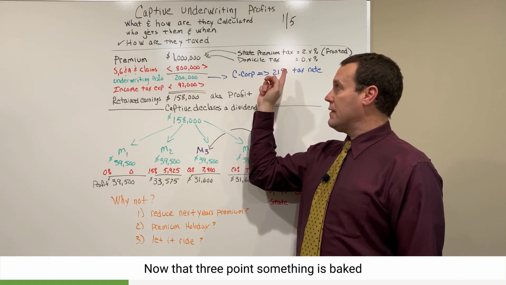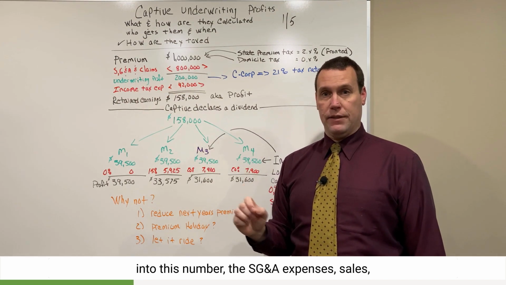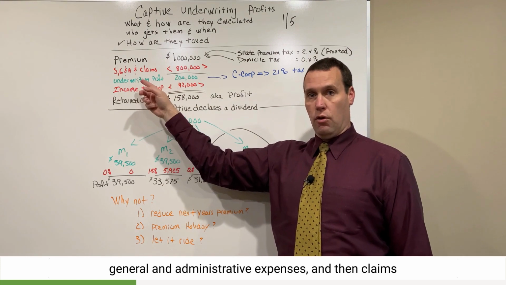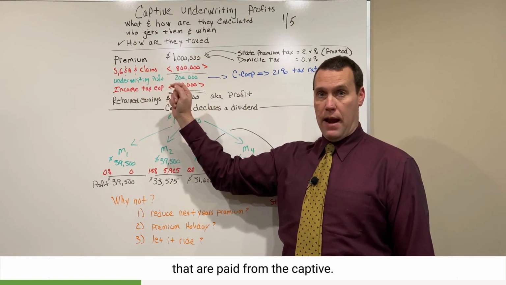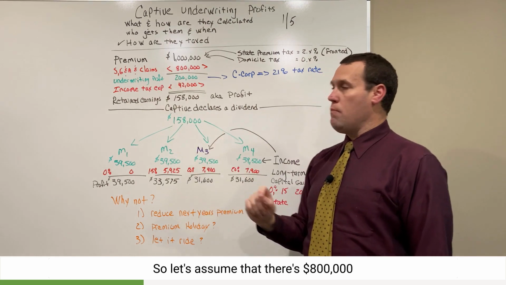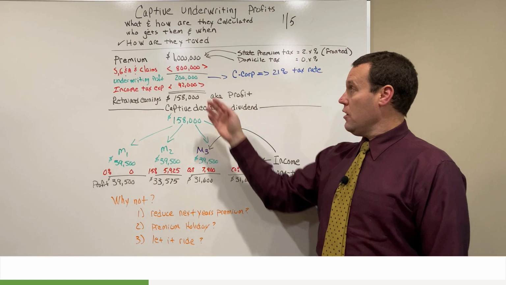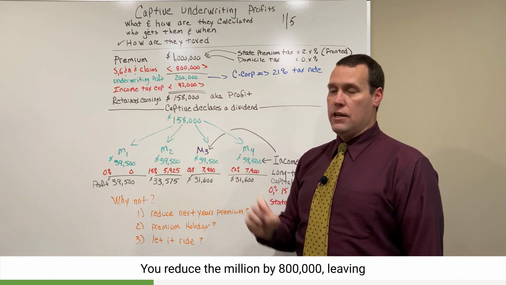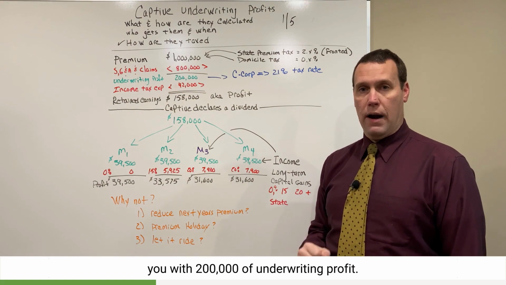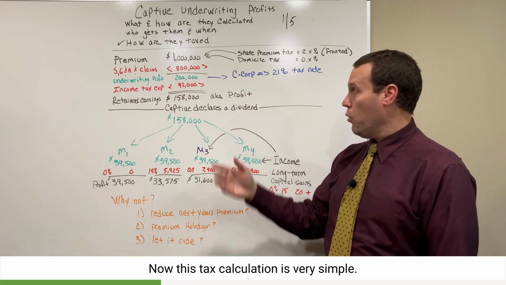Now that 3-point-something is baked into this number, the SG&A expenses, sales, general, and administrative expenses, and then claims that are paid from the captive. So let's assume that there's $800,000 of claims that have been paid. You reduce the million by $800,000, leaving you with $200,000 of underwriting profit. Now this tax calculation is very simple.